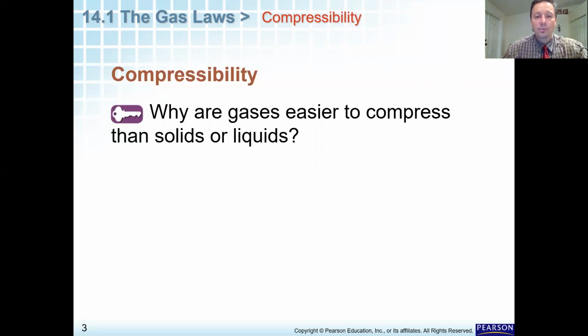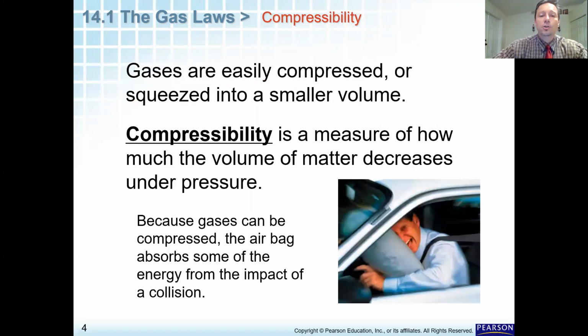So let's talk a little bit, why are they easy to compress? Let's get this term, compressibility. Please make sure you get this term into your new set of notes. Compressibility is a measure of how much the volume of matter decreases under pressure. So how compressible is something? If you think about a solid, if you try to compress it and push on it, it's not going to go very far. It is not compressible.